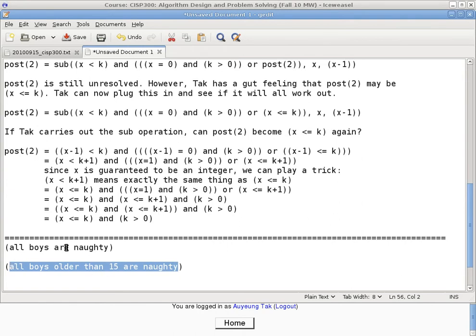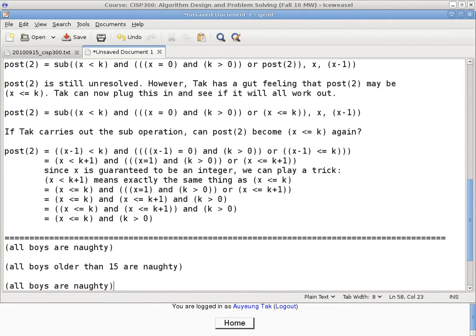The second one cannot be more than the first one, right? Yet assuming a population has no one under the age of 15, then these two will be identical, right? So now, if you think about these statements, all boys are naughty, and all boys older than 15 are naughty.